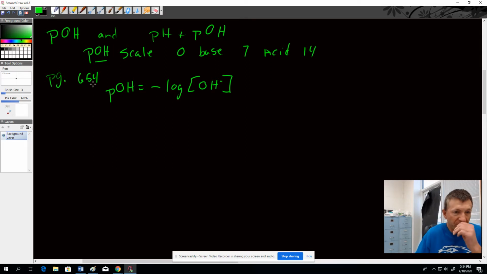So let's do page 654. Let's do example problem number 3, right by the cow there. It says a cow is being fed straw and hay that has been treated with ammonia. The addition of ammonia to animal feed promotes protein growth in the animal. Another use of ammonia is a household cleaner, which is an aqueous solution of ammonia gas.